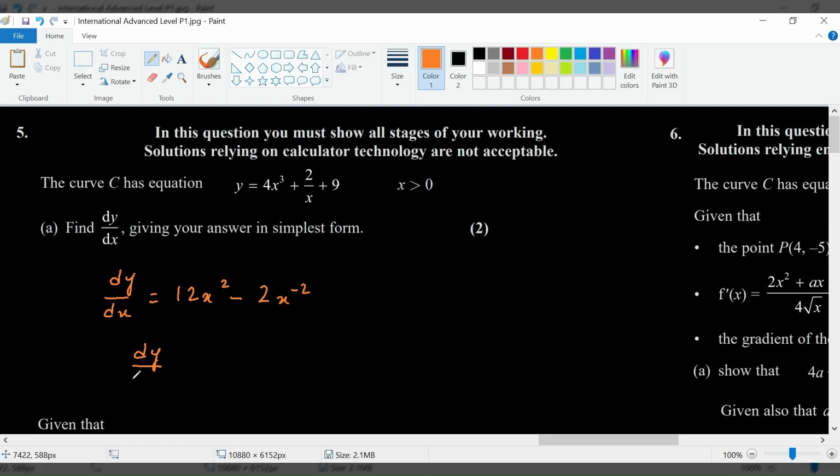And simplifying further, dy/dx = 12x² − 2/x². If you can write it this way, it's going to be much better, but both are fine. So this is going to be your final answer.